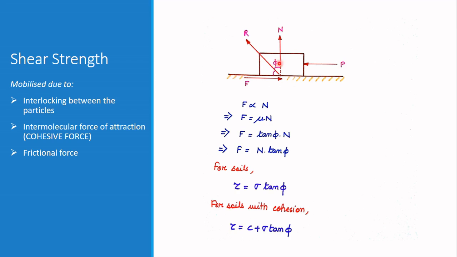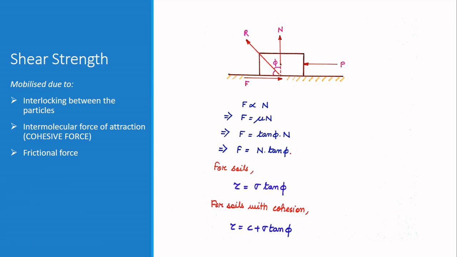This phi is called the angle of friction, and from physics you know that the coefficient of friction is equal to tan of the angle of friction. So in the next step I have written F is equal to tan phi into N. Then I have simply rearranged the terms, and I have got F is equal to N into tan phi.